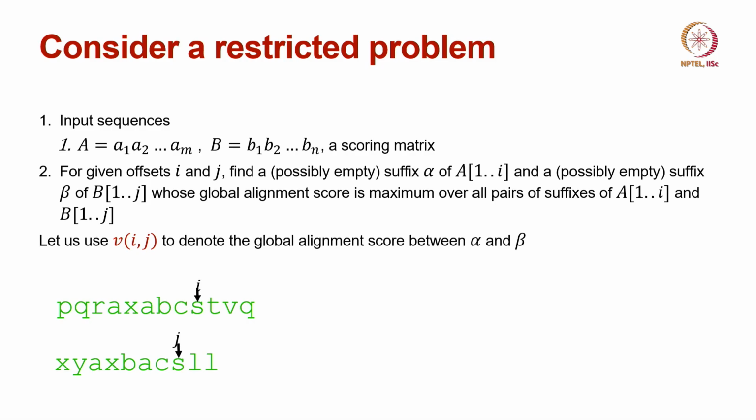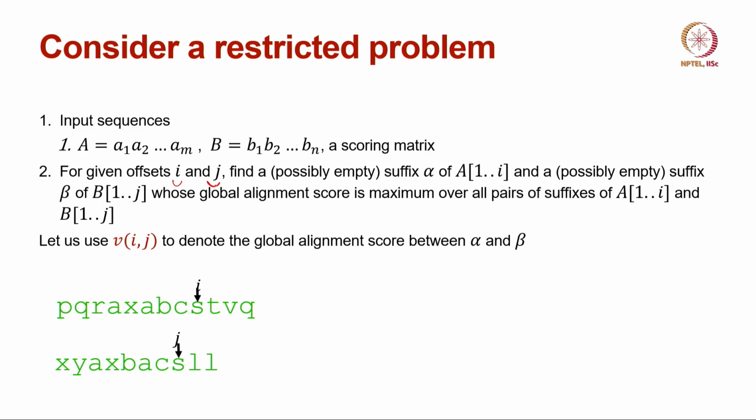So here is one trick that we are going to use. Let us consider a restricted problem. So for this restricted problem, again assume that you have two sequences A and B. Now in this restricted problem, the problem statement is as following. So we are given two offsets i and j.